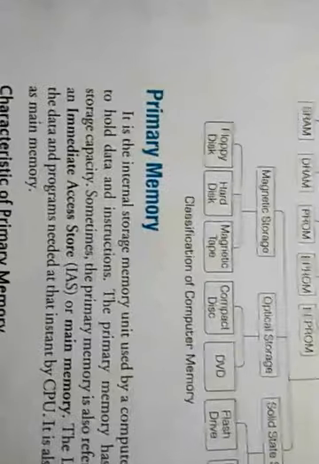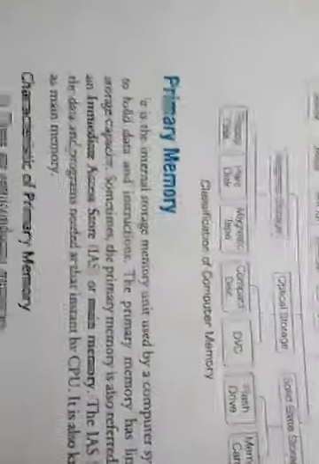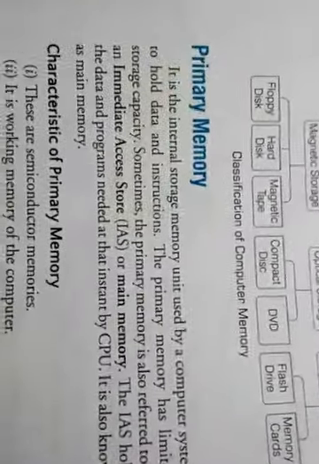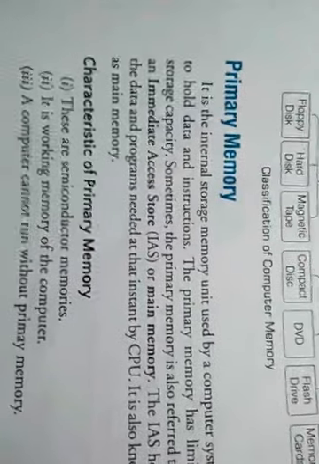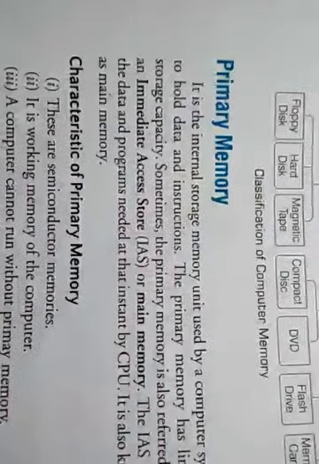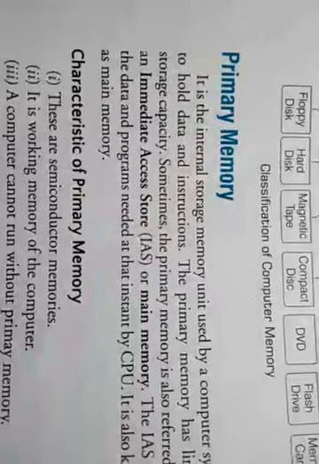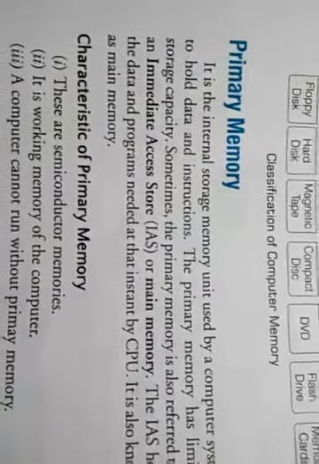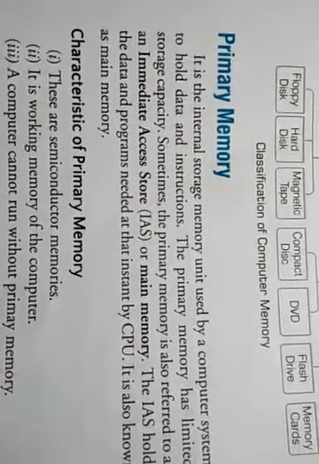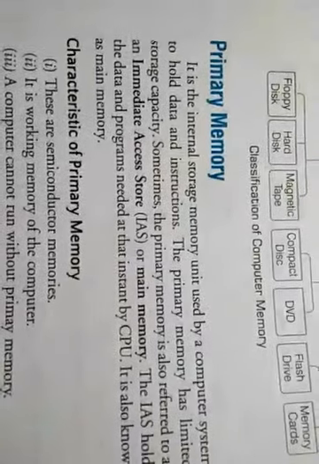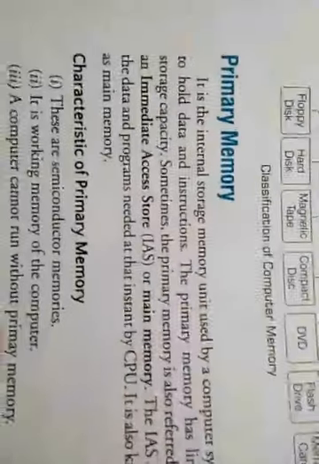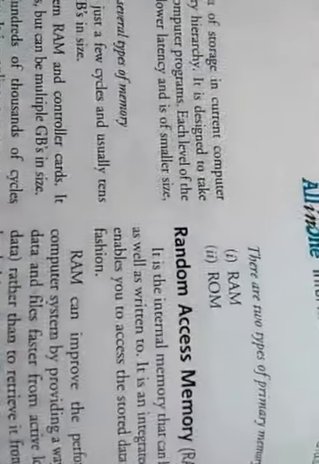Now, what do you understand by primary memory? Primary memory is used by the computer, and the characteristics of primary memory are that it is semiconductor memory. It is the working memory of the computer. A computer cannot run without the primary memory. Primary memory is of two types. First one is RAM, and second one is ROM.